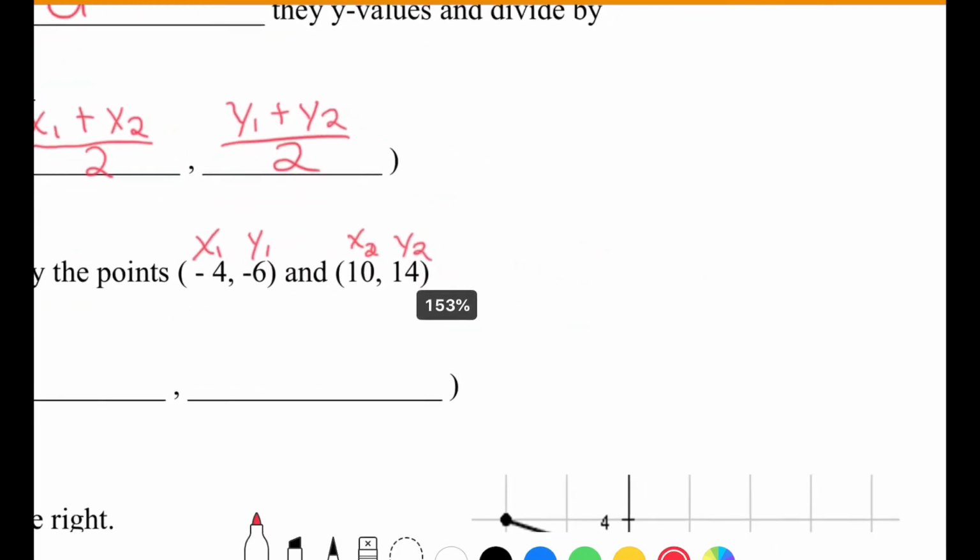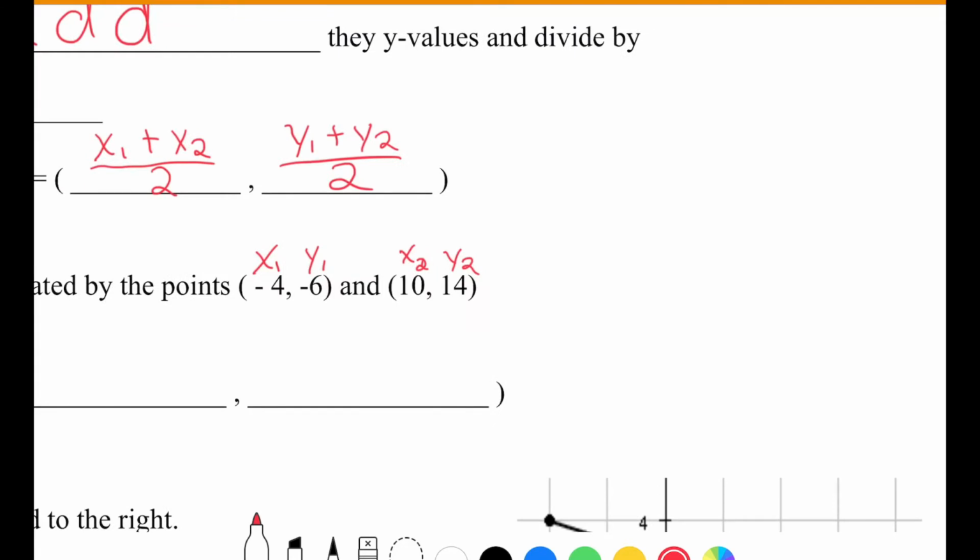So to plug it into the formula, we would have -4 plus our second x value, which is 10, all over 2. Then for the y values, we have our first y value, which is -6, plus our second y value, which is 14, all over 2.